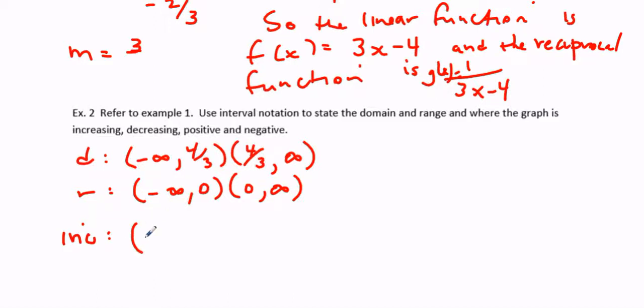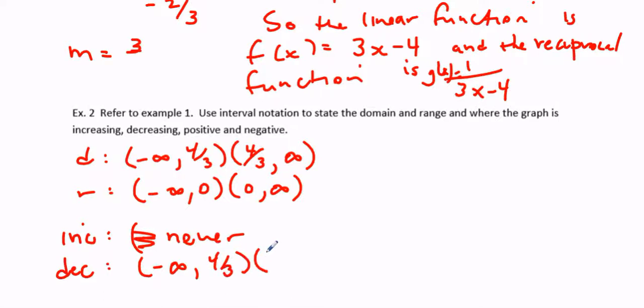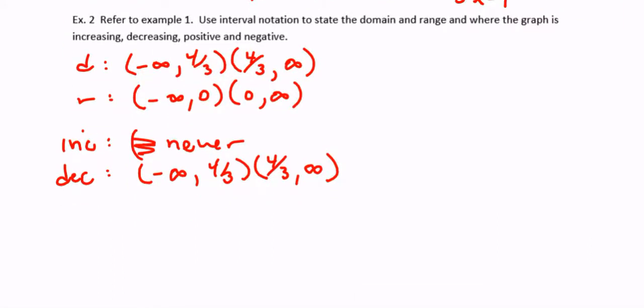So we're going to say it increases never, and it decreases from negative infinity to 4/3, and from 4/3 to infinity. It's not increasing or decreasing at 4/3 because of the asymptote.